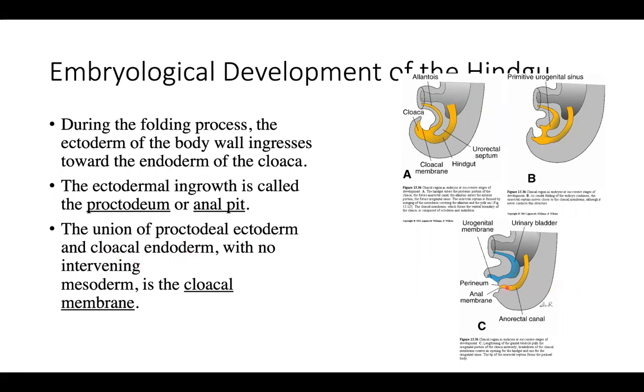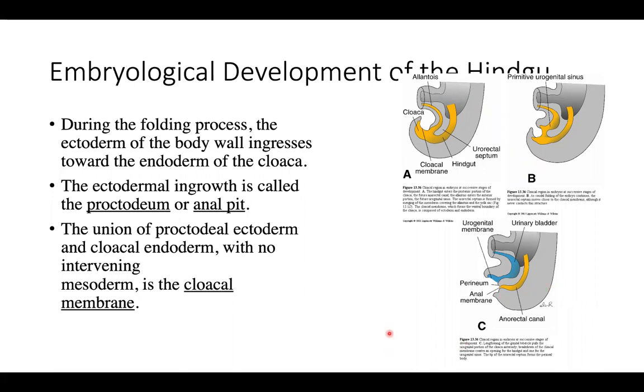If you take the cloaca itself, the inside is lined by the endoderm, very important. While the outside is lined by the ectoderm. But the proctodeum actually is after the division of the cloacal membrane into anterior urogenital membrane and posterior anal membrane.